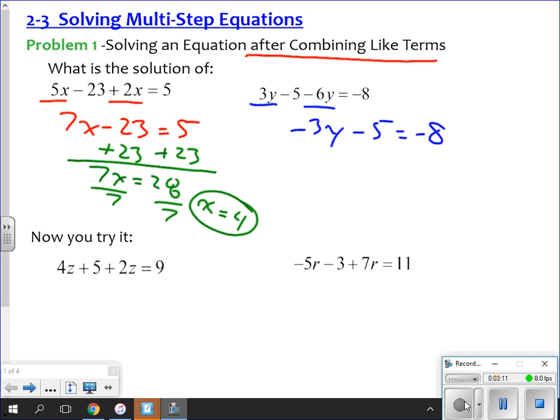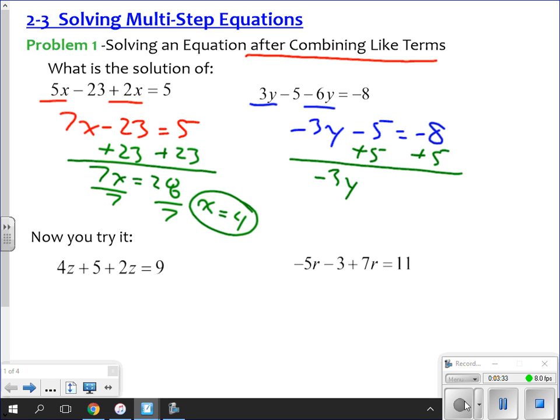So I have one new step. We combined like terms, and now we solve. First thing I do is get rid of my addition or subtraction. So I get rid of the minus 5, so I add 5.